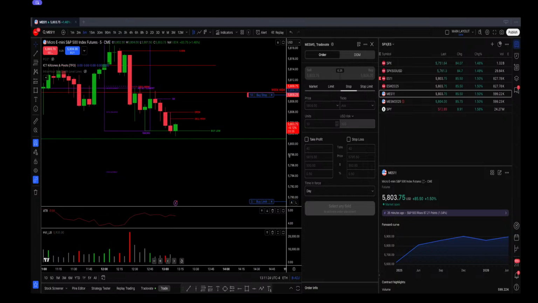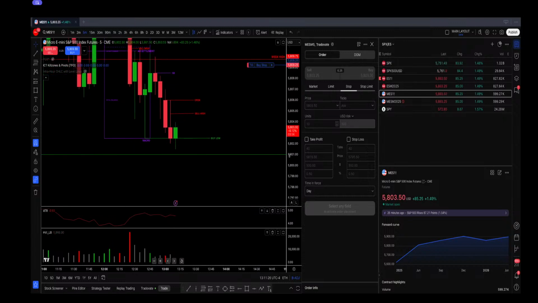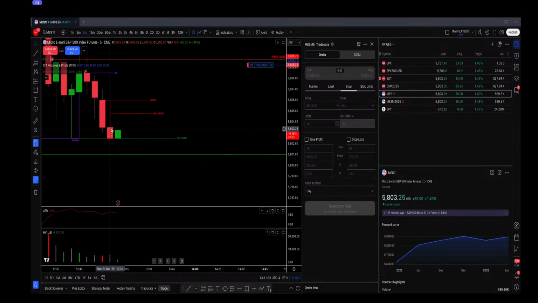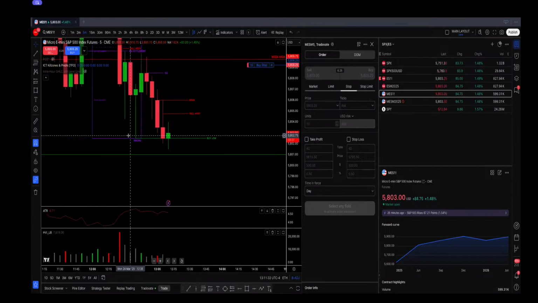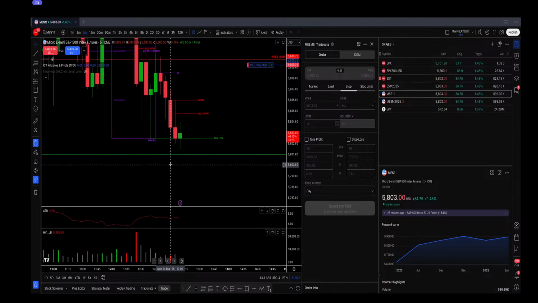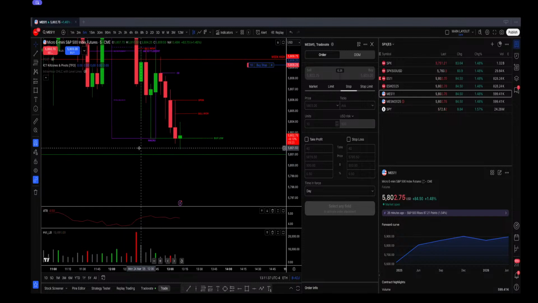That's an open on the 5 minute. Added volume here in that 5 minute. They gotta hold this. They have to hold this.